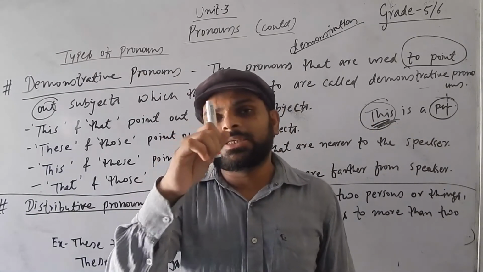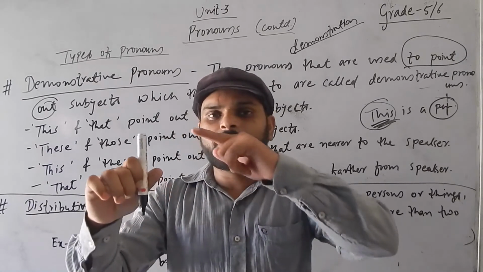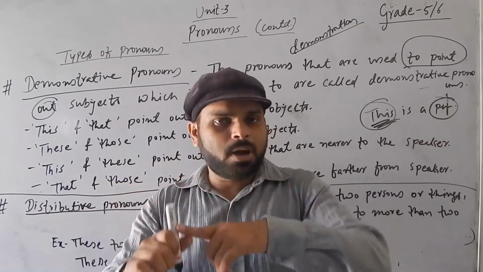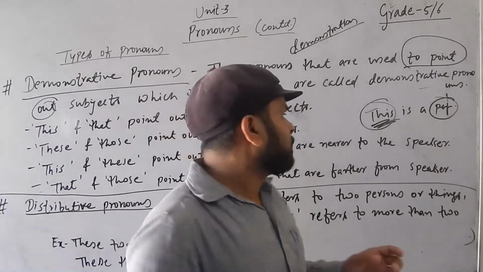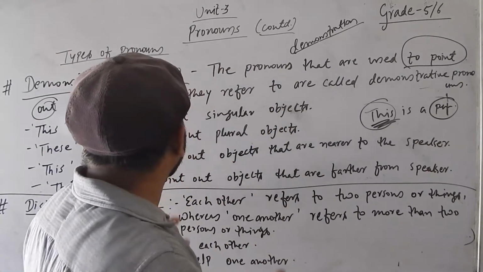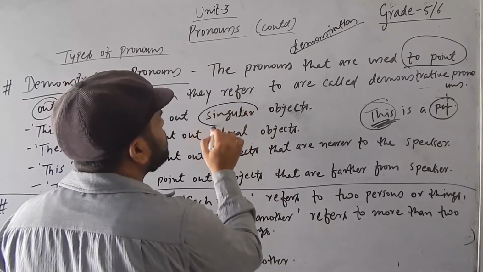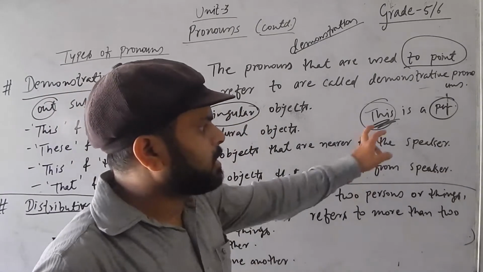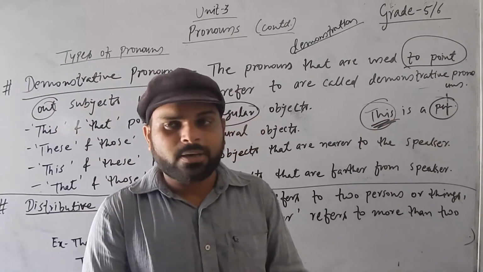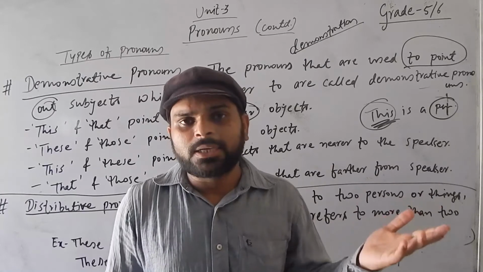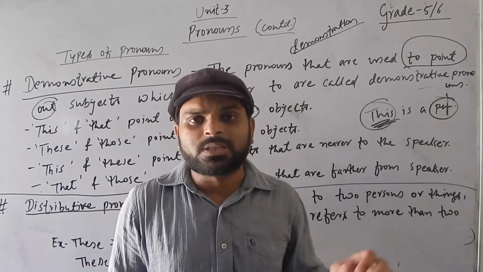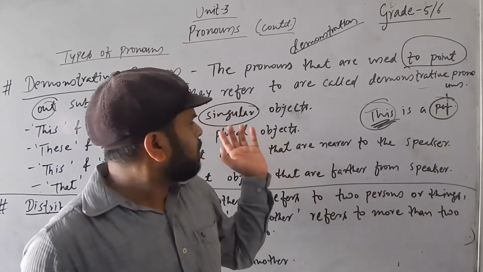I am saying this is a marker, and I am pointing out this marker. So this and that point out a singular subject. The difference is another, and there is one more difference that we will talk about later.